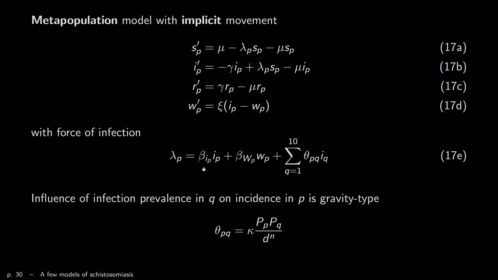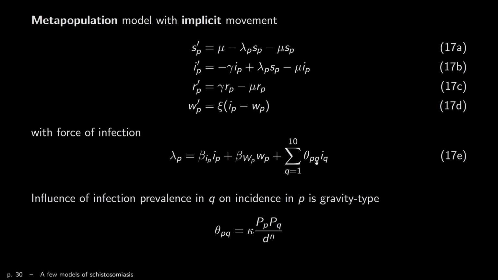So the force of infection includes contamination by humans directly, if that's present, or you could leave it out if you don't assume any direct contamination between humans. Then there is contamination of humans from interacting with contaminated water, and then these long distance effects that involve this term here, where you have a gravity type term.